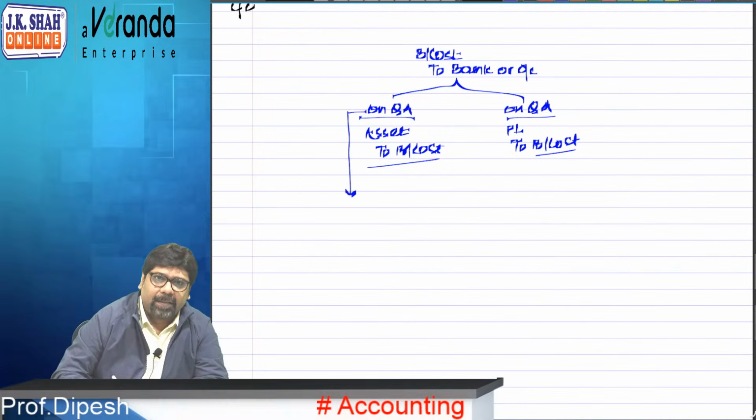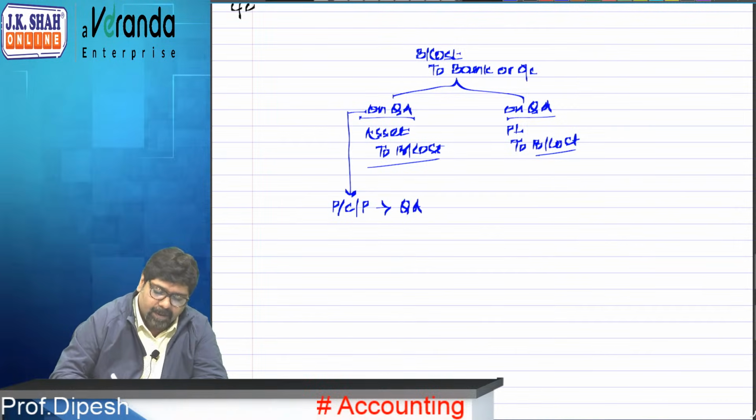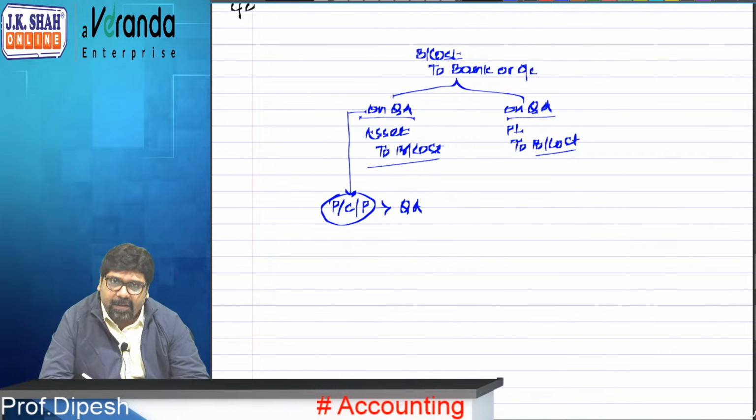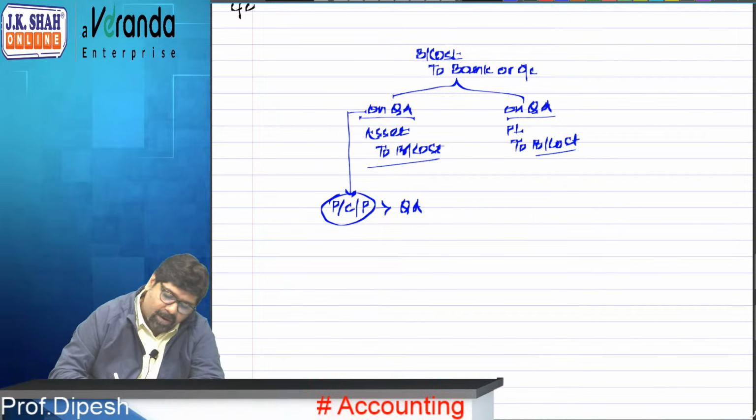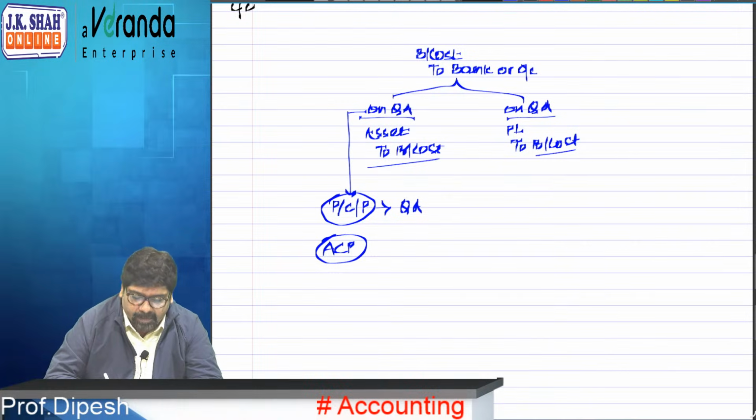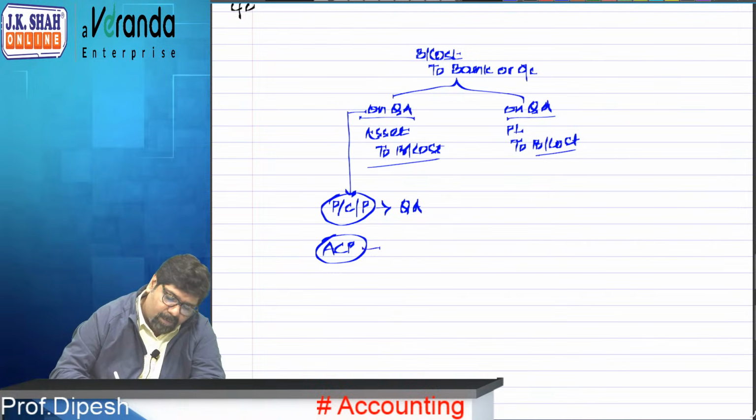Qualifying asset is if borrowing cost is spent on purchase, construction or production of qualifying asset, or we can say ACP also, acquisition, construction, production of a qualifying asset.